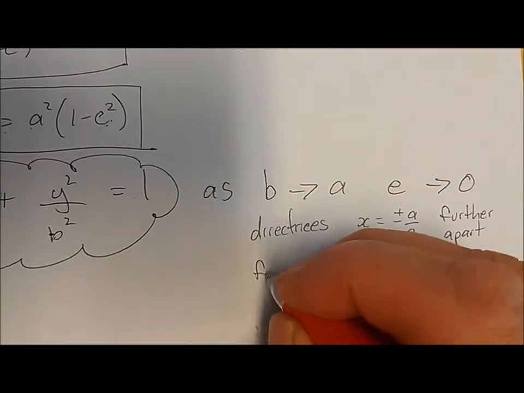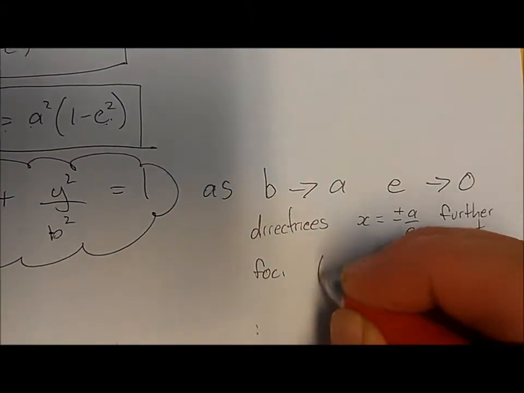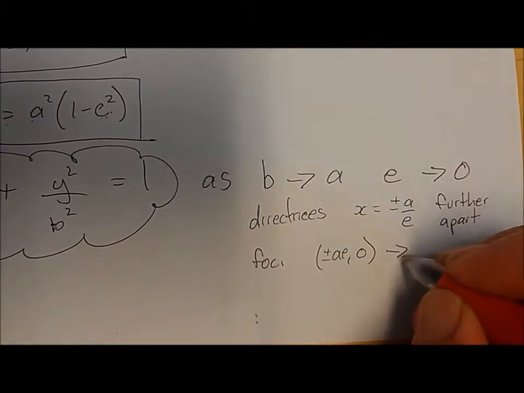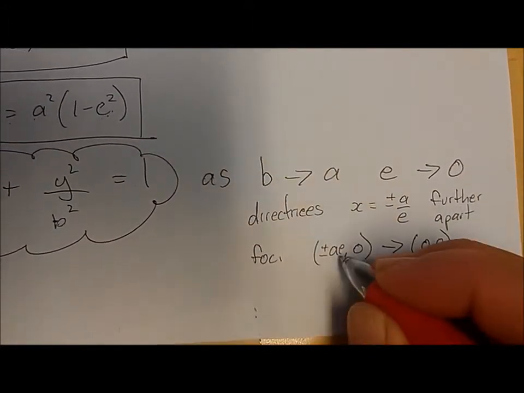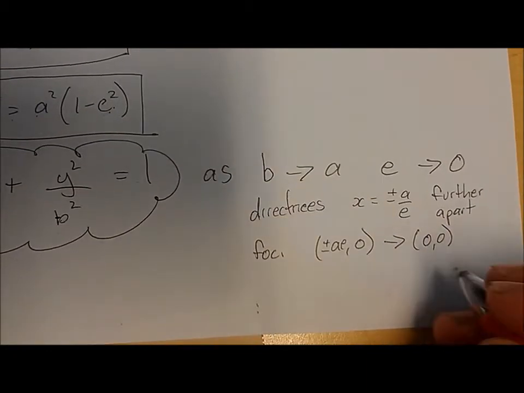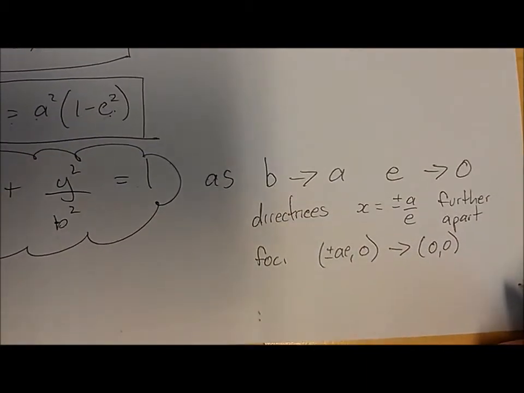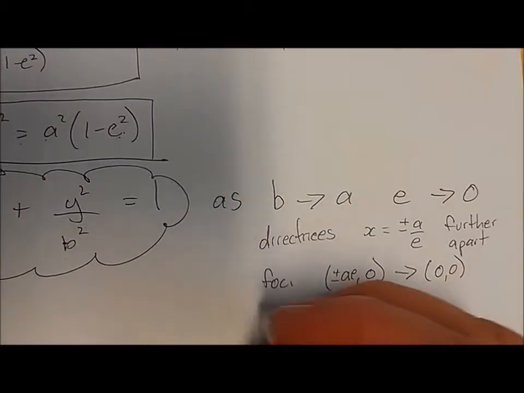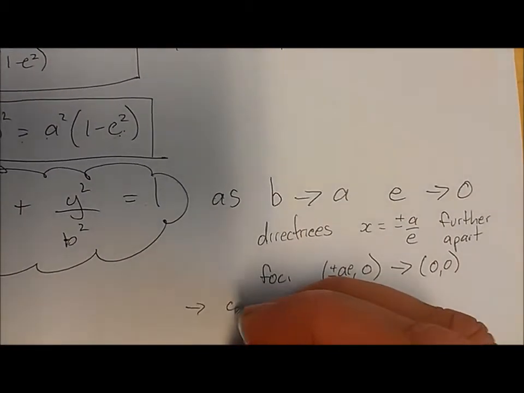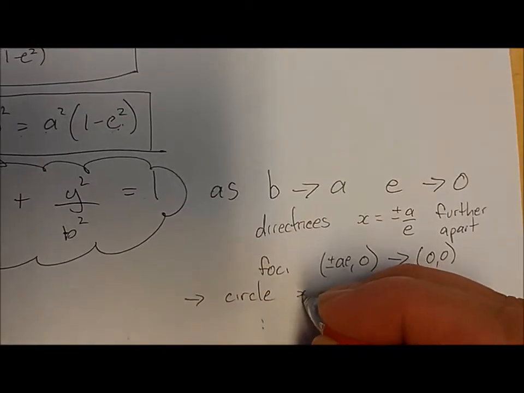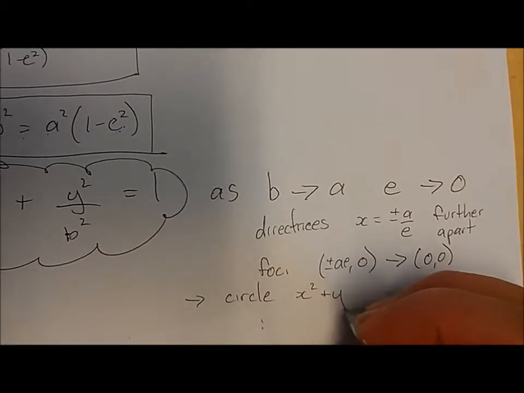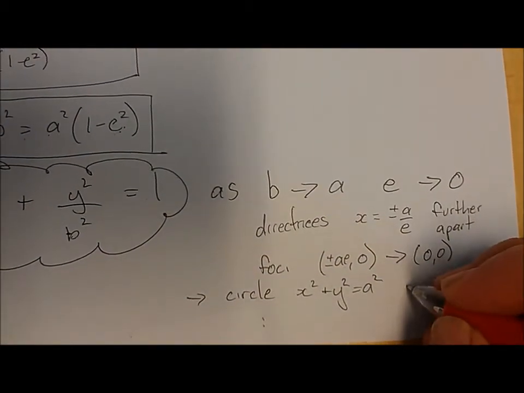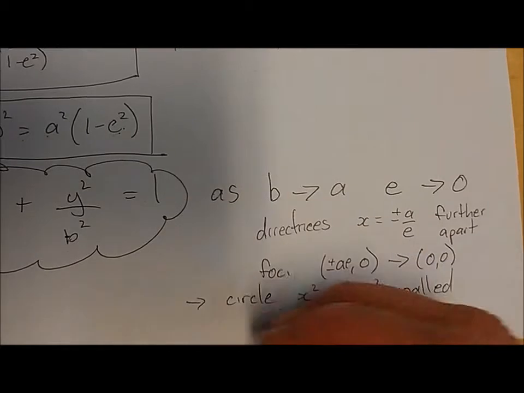And then the foci, which, remember, are (plus or minus ae, 0), are heading towards (0, 0), because e is getting closer to 0. So the foci are going back towards the origin. And that's what gives us, as b approaches a, we're approaching a circle, x squared plus y squared equals a squared. And this is called the auxiliary circle for the ellipse.